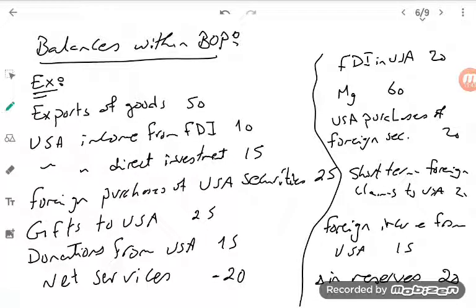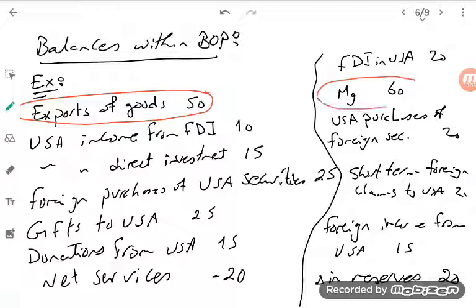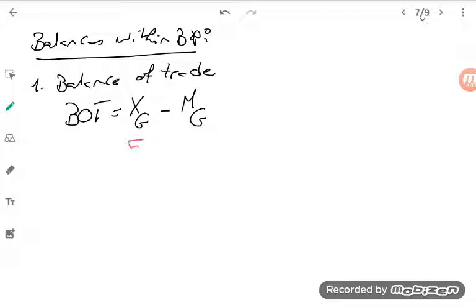From our example, export of goods is 50 and imports of goods is 60. So it's 50 minus 60, so balance of trade is negative 10. This is number 1.